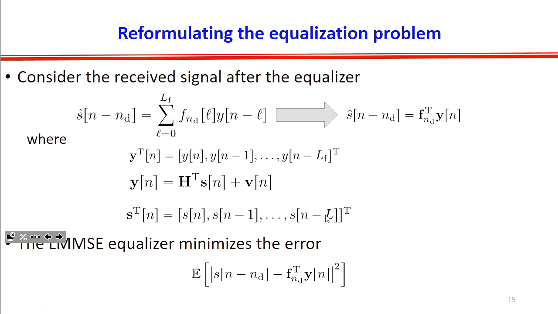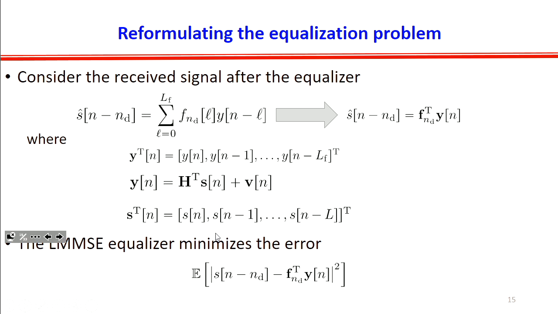Considering the delay introduced by the equalizer, the S of n minus nd, what was transmitted nd events prior to Sn, is compared with the estimate produced at the nth time instant at the output of the equalizer. Make sense? The equalizer produces an estimate at the output at the nth time instant, and that is actually the value that was transmitted nd events prior, because there is a delay that we have to account for at the equalization stage.